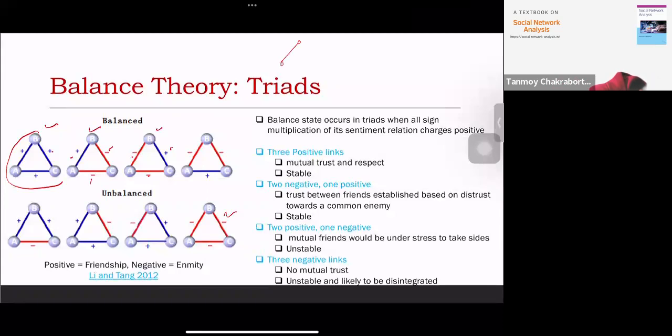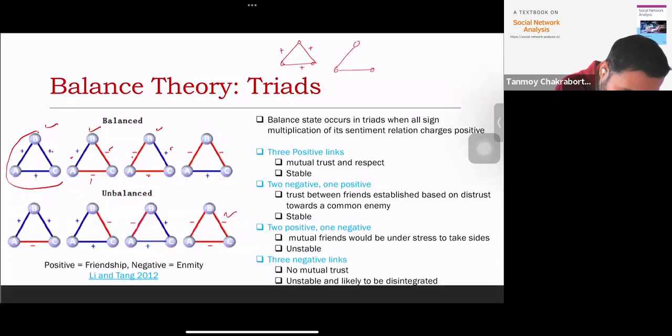Let me draw it. This is one possibility where all of them are positive. This is another possibility with negative, positive. This is another possibility, positive, negative. Can you think of any other possibilities?